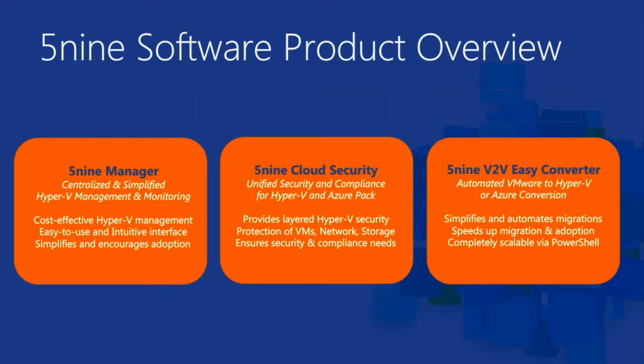We're going to be focused today on Five9 Manager, which is a centralized monitoring platform for Hyper-V. It allows you to do all your day-to-day management and operations, as well as things such as performance monitoring, and has a centralized console, two of the biggest challenges which everybody mentioned on the webinar. We also have a security solution known as Five9 Cloud Security.